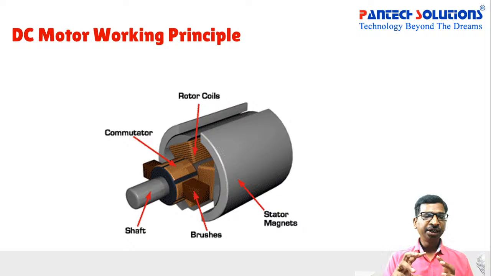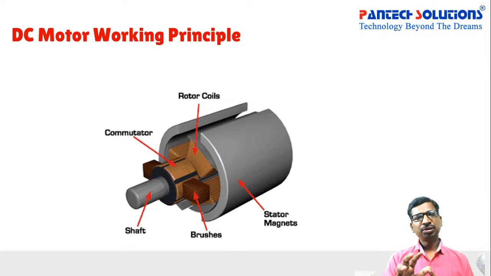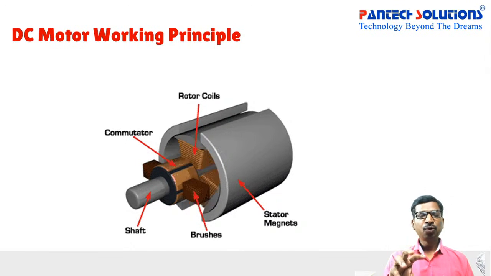When the voltage is applied inside the motor, based on the opposing fluxes with respect to the magnetic poles, a force is generated on the shaft. When the force is generated, the motor starts to rotate. This is how we can understand the motor working principle.